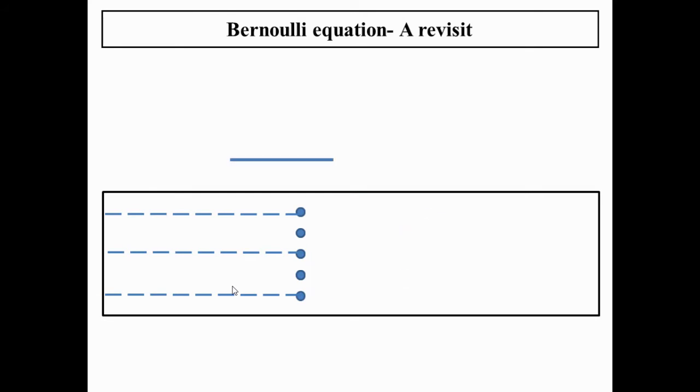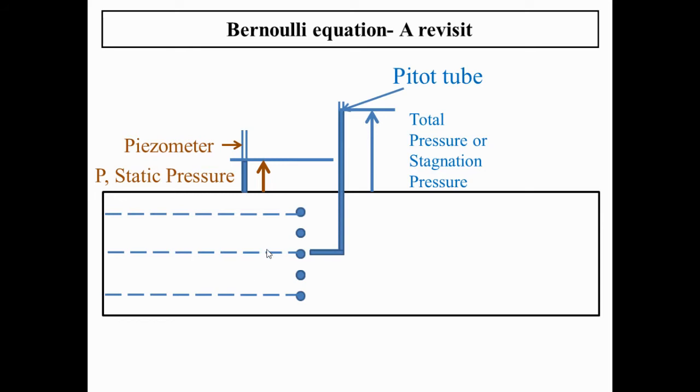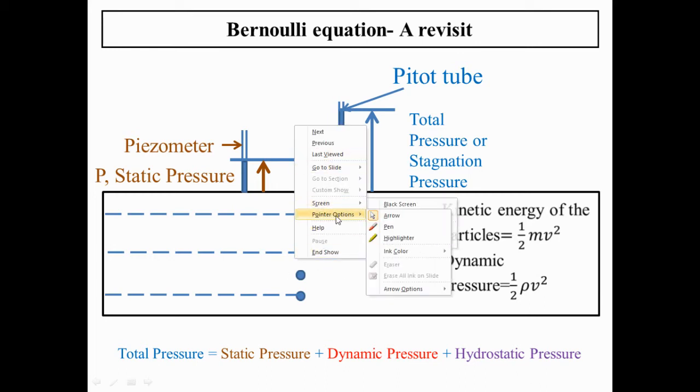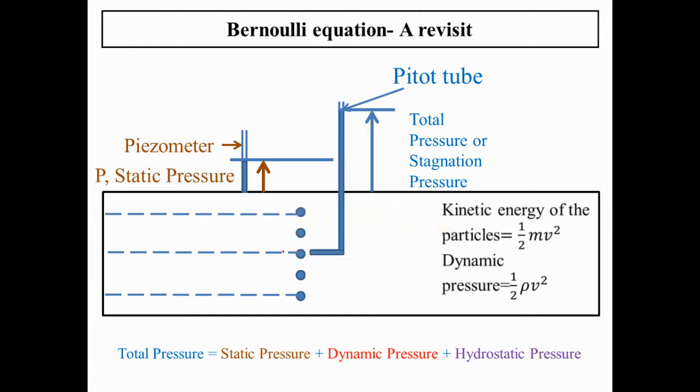At this point we are going to study how to measure the static pressure with the piezometer and the stagnation pressure with the Pitot tube, and we shall apply Bernoulli's equation to any of the streamlines, and we shall see the kinetic energy of the particle as the flow comes over here.